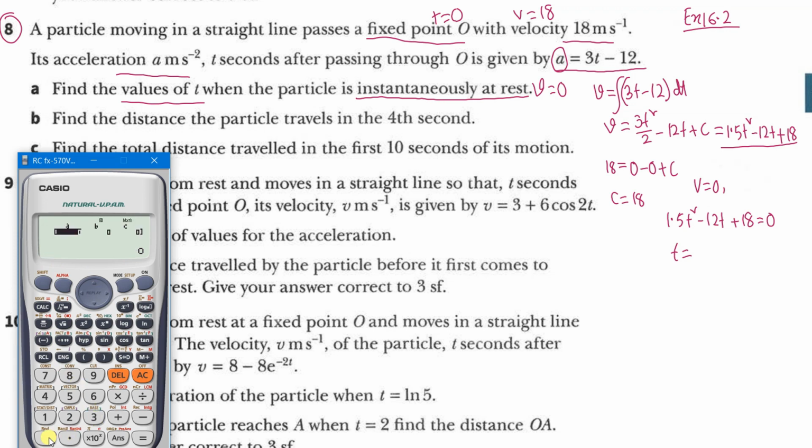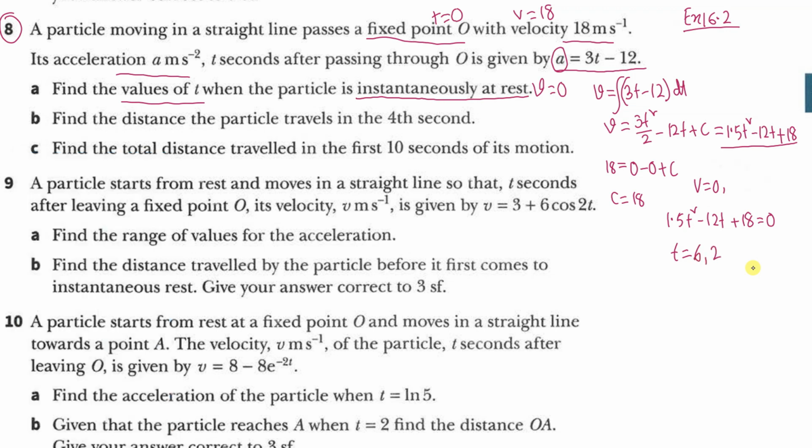They're asking the coefficients: the first coefficient a is 1.5, then coefficient of b is given here minus 12, and coefficient of c is given 18. Then press it one more time. So we got the value of t equals 6, and another value is t equals 2. So let me write the values: t equals 6 and t equals 2. This is our answer to this question, instantaneously at rest.